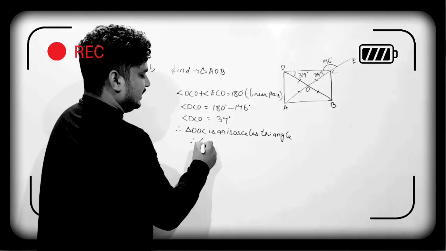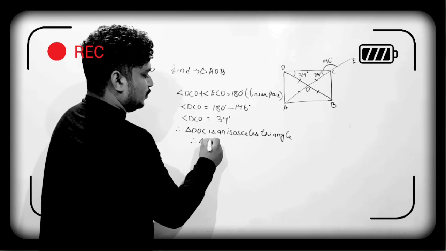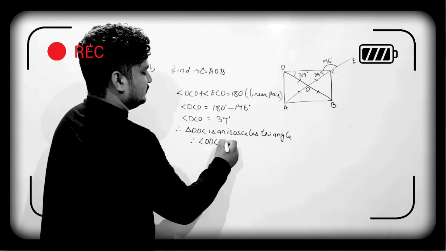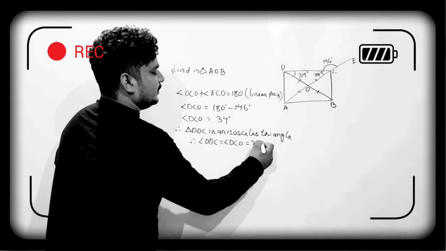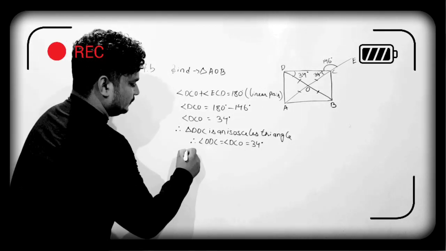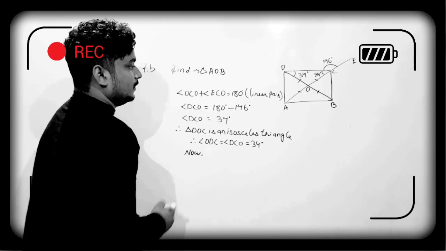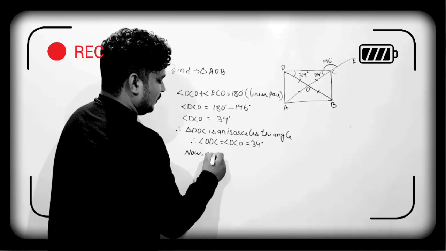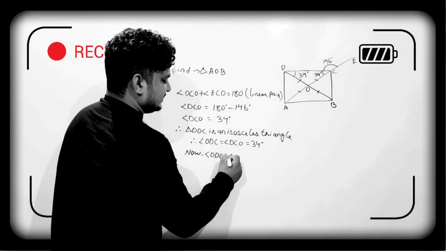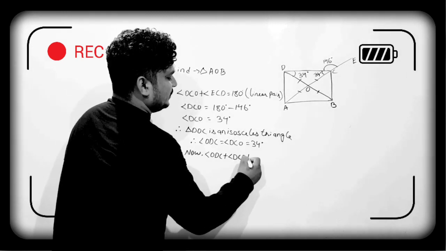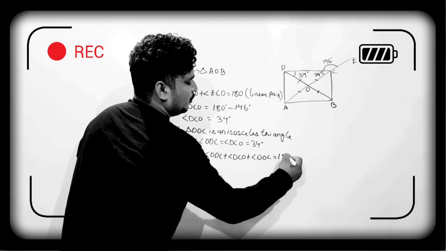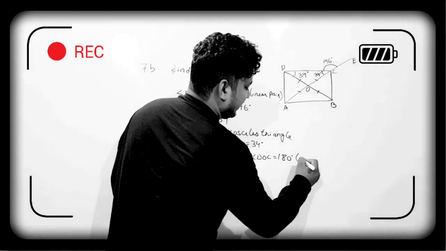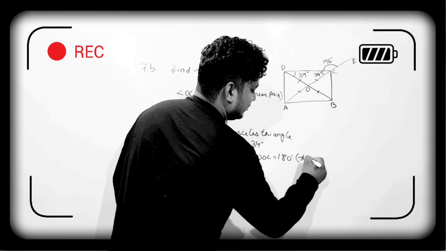Therefore angle ODC is equal to angle DCO equals 34 degrees. Now angle ODC plus angle DCO plus angle DOC equals 180 degrees. What do we write? Angle sum property.